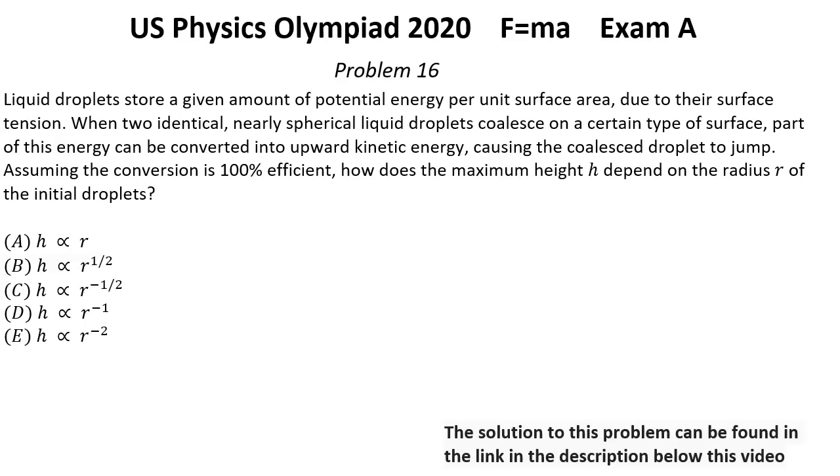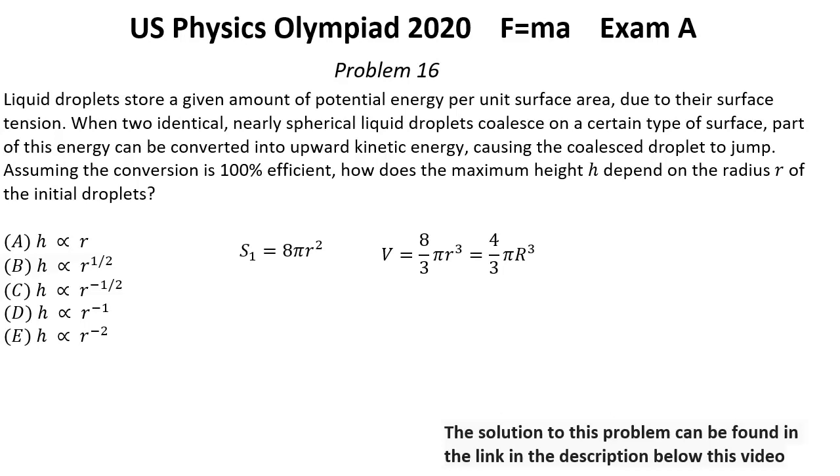Solution for problem number 16. First, let's write the equation for the initial surface area. That will be, for 2 droplets, 8πr², and the initial volume was 8/3 πr³, which is 4/3 πR³, where R is the final radius of the final droplet.